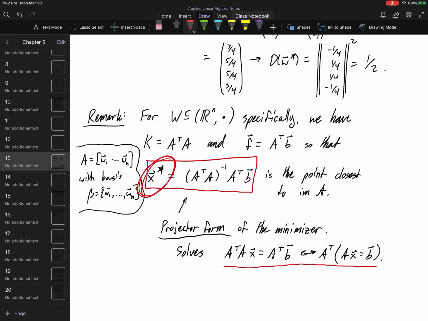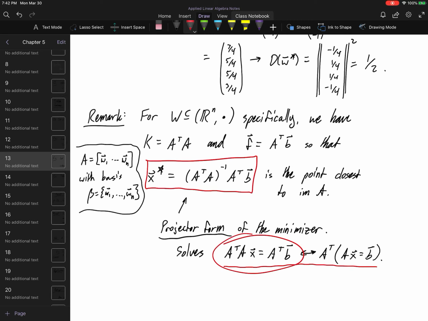And the way that we can think about this vector of weights that gets assigned to our basis is that it is a projection of this B vector onto the columns of a matrix. So this is how we can think of this particular form of the minimizer as a projection.